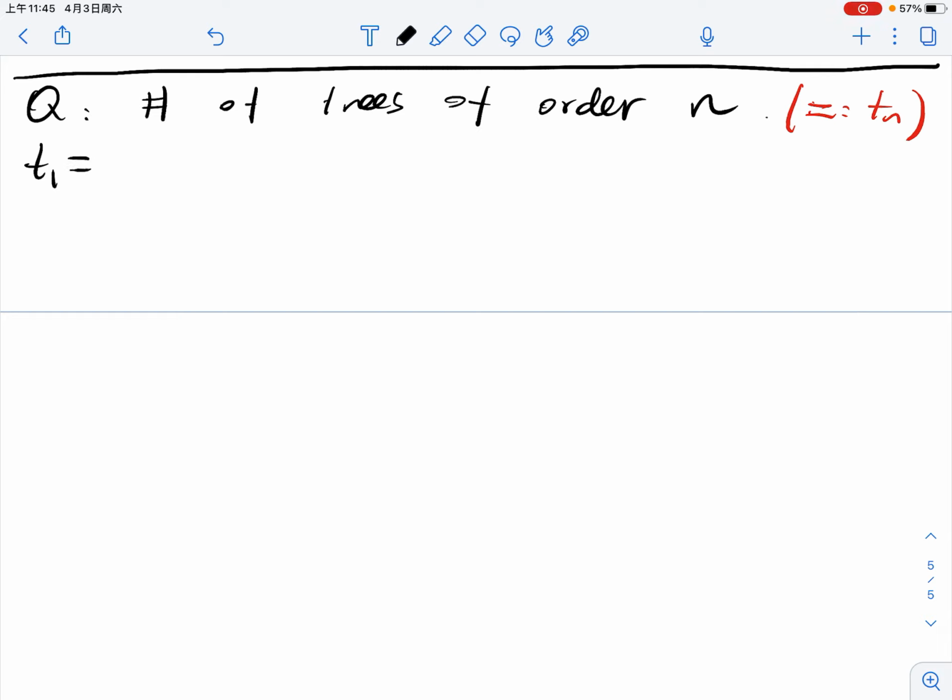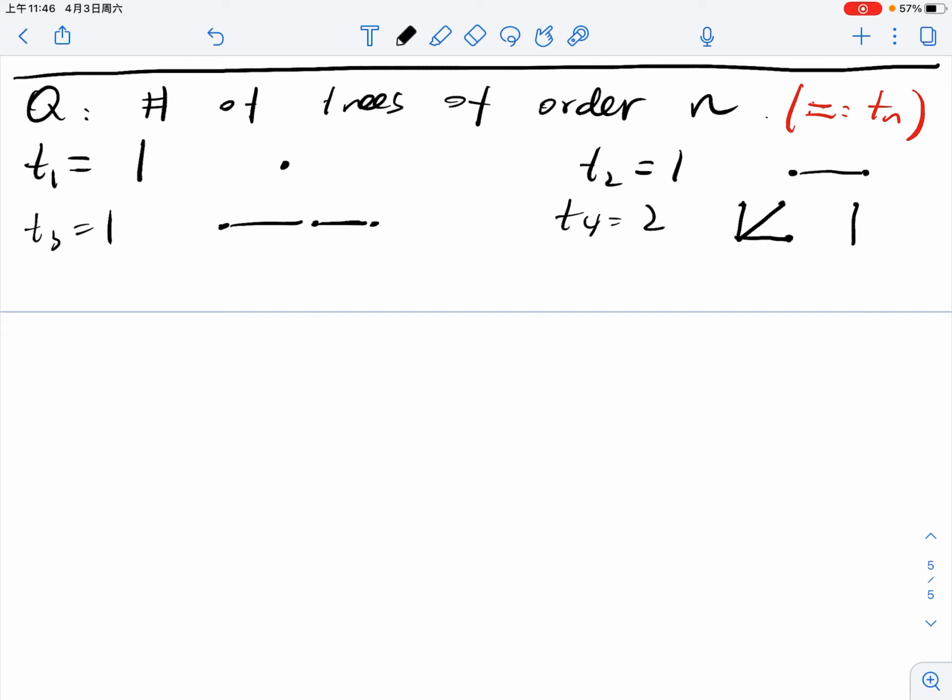So for T1, this is easy. You have 1. And for T2, it's also easy. You have to connect these 2 points. And for T3, you still have only 1 choice. And then for T4, as we showed before, now you have 2 choices.